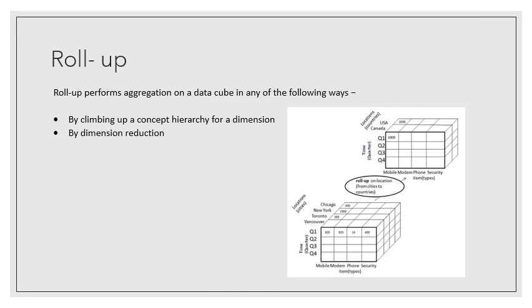Initially, the concept hierarchy was street, city, province, country. On rolling up, the data is aggregated by ascending the location hierarchy from the level of city to the level of country. The data is grouped into countries rather than cities. When roll-up is performed, one or more dimensions from the data cube are removed.